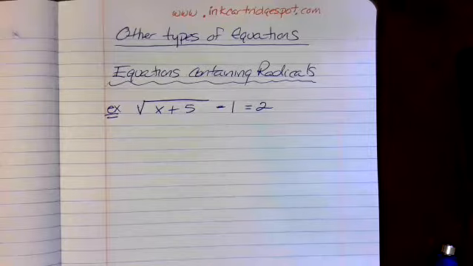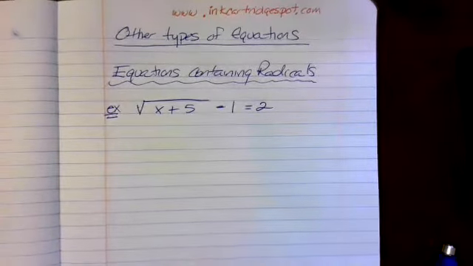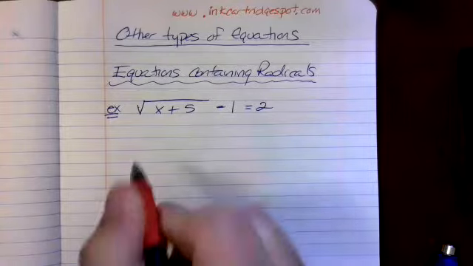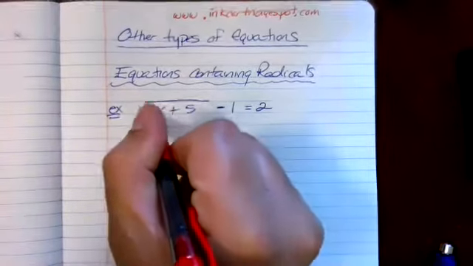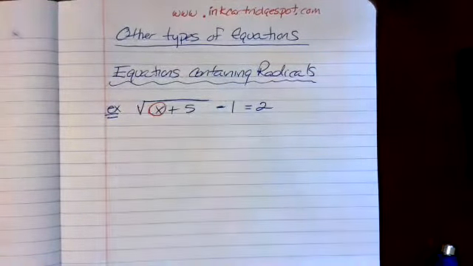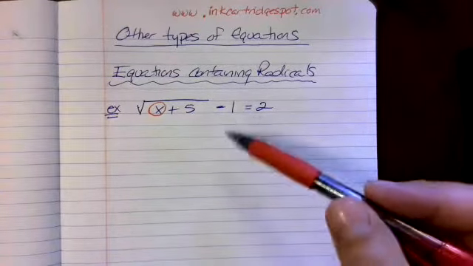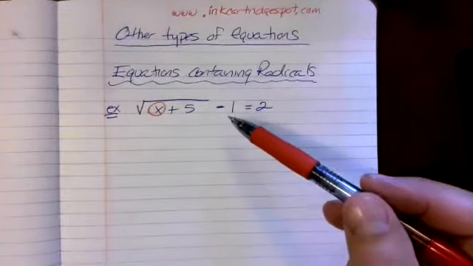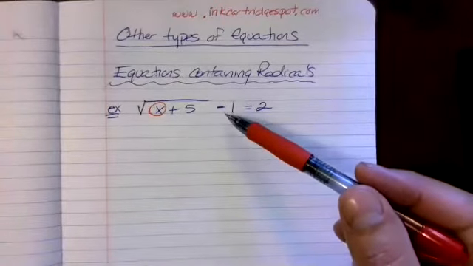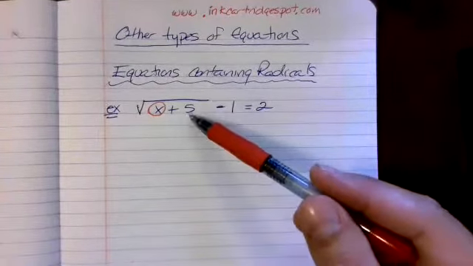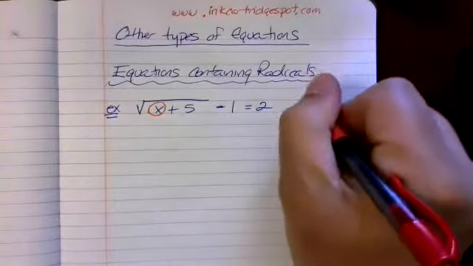Without writing a procedure, at your advanced stage of algebra, you should be able to do this problem because you know that your objective is to get x by itself, right? We're solving for x, so I want to start peeling away things like this -1, this radical, this +5.